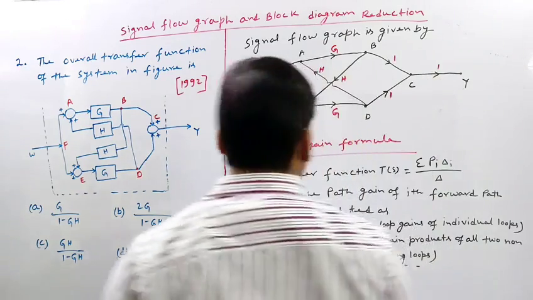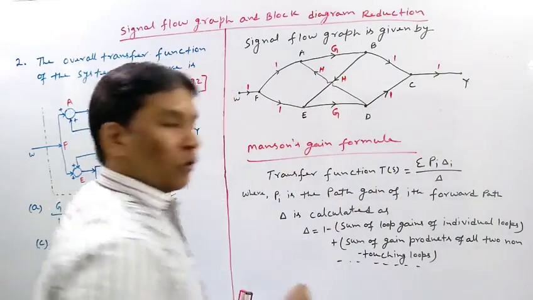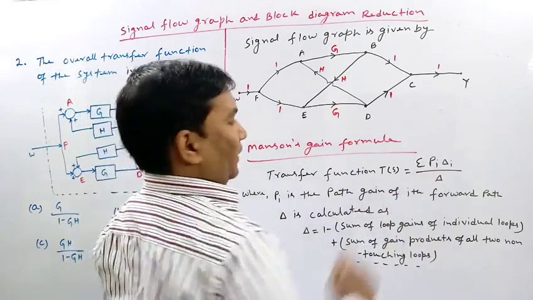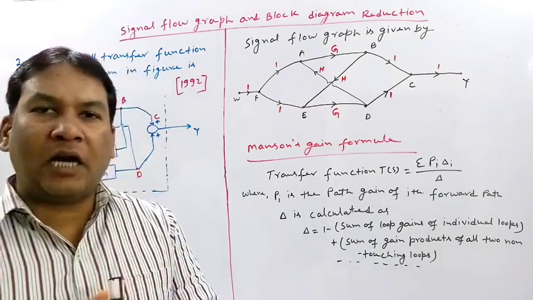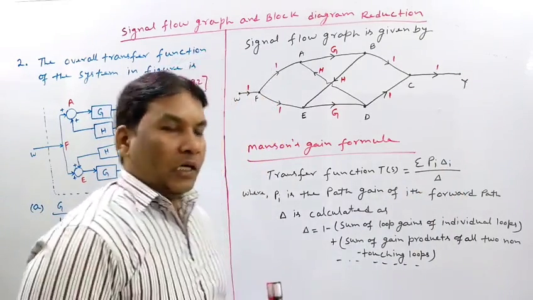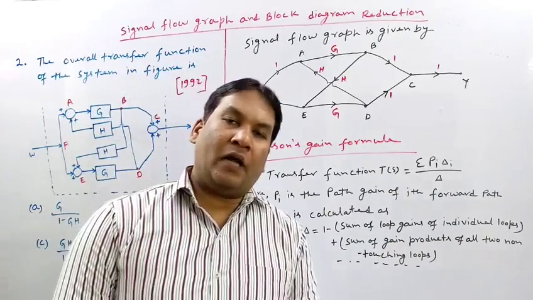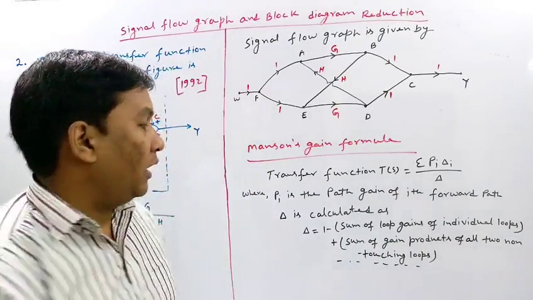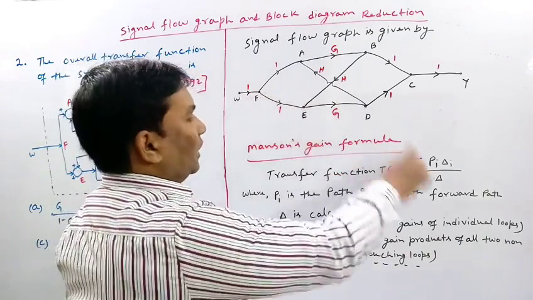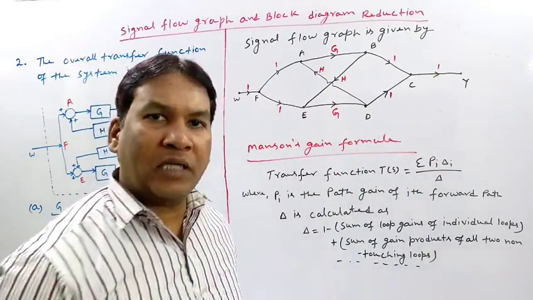And this is delta. And what is delta i? Delta i is calculated for path Pi. What is the difference between delta and delta i? Delta i is also delta, but it is for those loops only which are not touching the ith path.